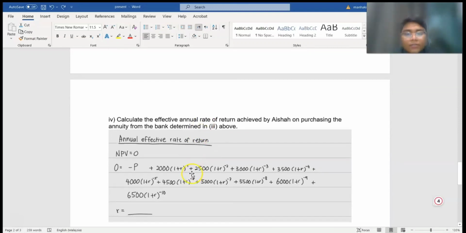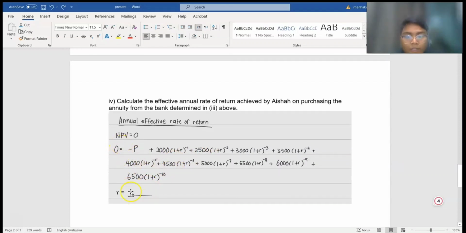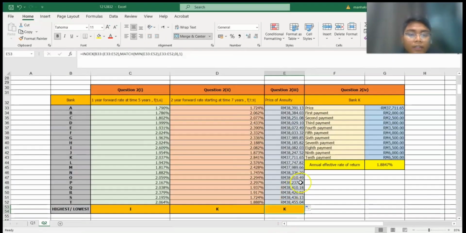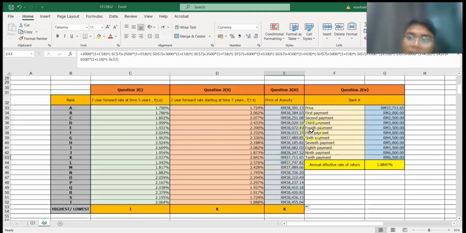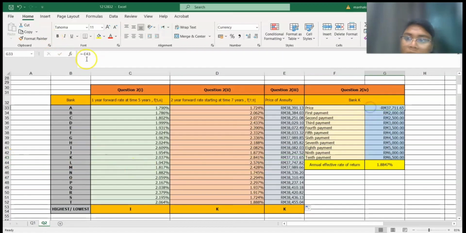For this we need to find R, the rate of return, so it is equal to 0 and we need to solve for R. Negative P here is the negative price, which in our case is the price of bank K, which I took from here, E43 negative.